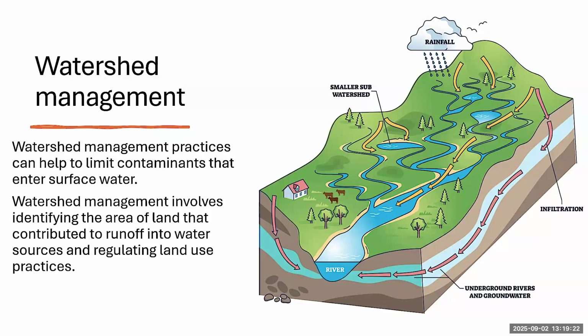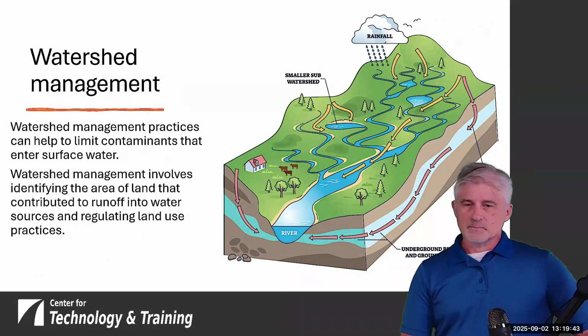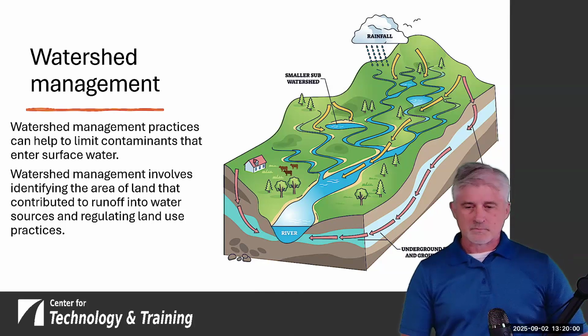Because a lot of the things that happen out in that watershed will end up in our surface water, we really need to make sure that we take advantage of any opportunity that we have to limit the things that come in, whether it's sediment that comes from a farm field that was plowed up, or things that come off of plants and stuff like the treatment plants.